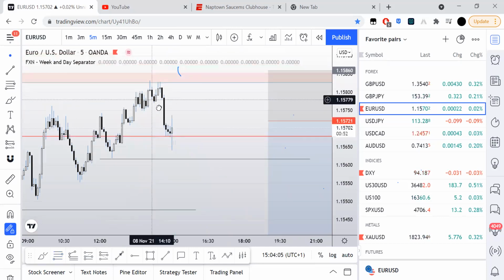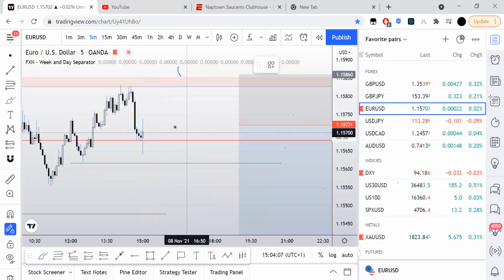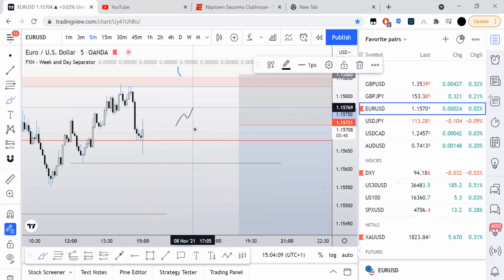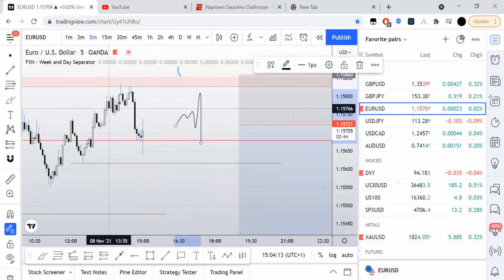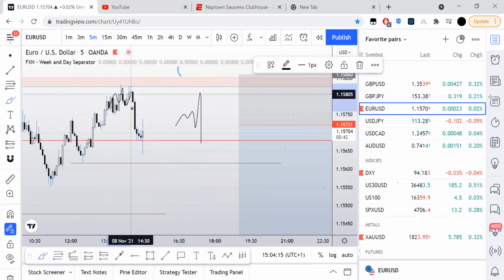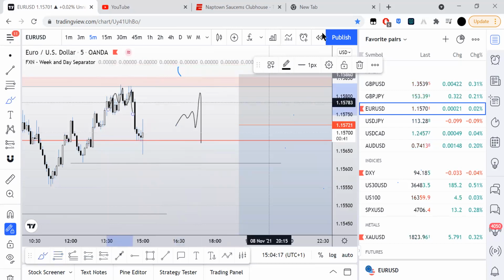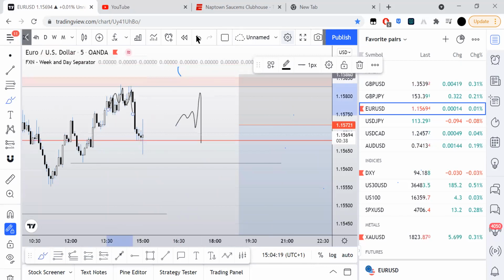Yeah, if this was a lot cleaner, like say I did something like this and it was a clean move like that, I would like that. I don't like how I did it like this. I don't like it like that based off the lower time frame.